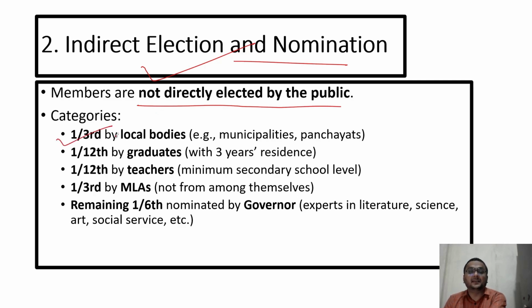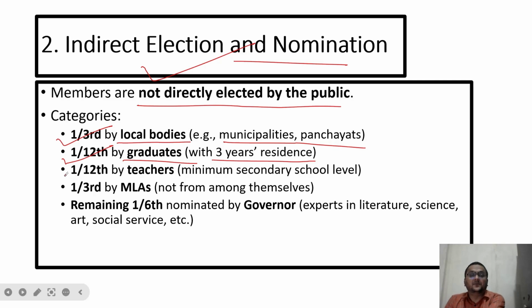One third of the members in the council are elected by local bodies, like municipalities and panchayats. And 1/12 of the members are elected by graduates with 3 years of residence in that state. Another 1/12 of the total members are elected by teachers who have minimum secondary school level experience.